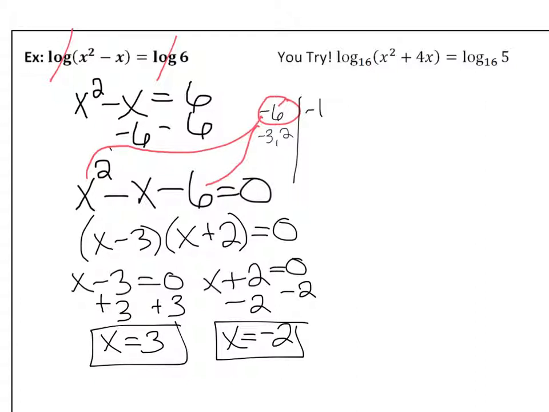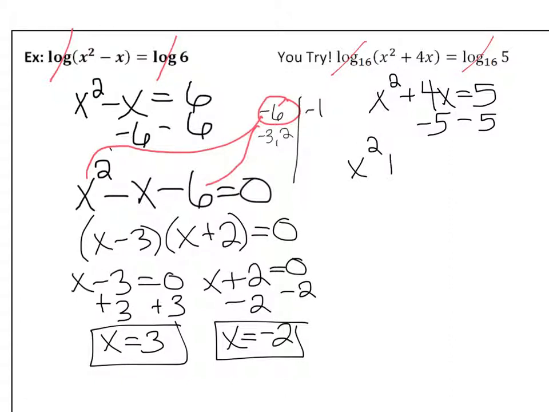So here we go. First again, only 1 log on each side, so that part's good. The logs have the same base, so we can cross them out, and we have x squared plus 4x is equal to 5. Since I have an x squared and an x, we need one side to equal 0, so we're going to subtract that 5. And then we need our Santa hat.